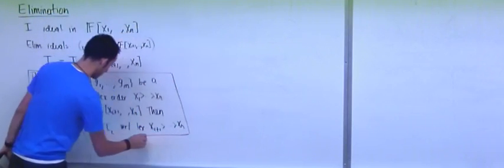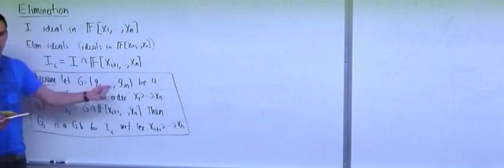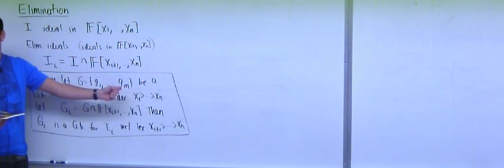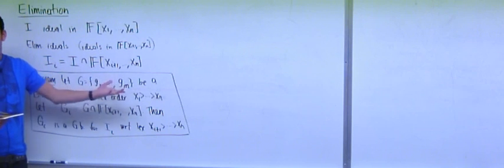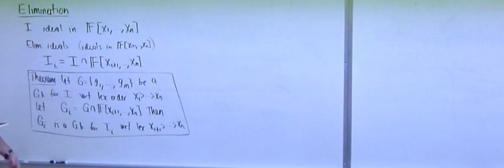I think I stated this theorem last time, but I didn't prove it, so I wanted to prove it now. But before I prove it, do you guys have any questions about what this statement is saying? Incredibly simple. If you want to generate the ith ideal, just look at the polynomials in G and see which ones don't involve the first i variables. And those guys are a Gröbner basis for the ideal that you want. So once you have this set G, this is immediate.